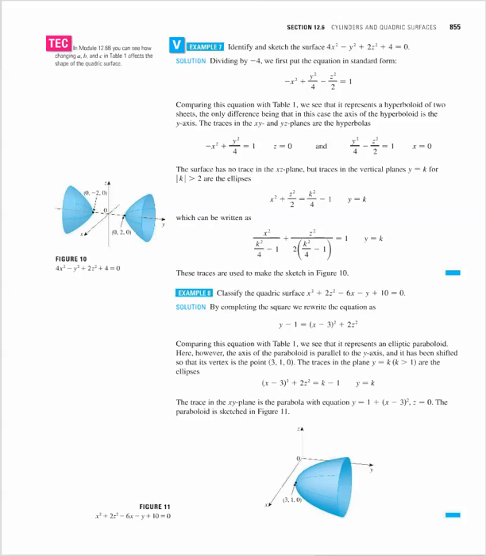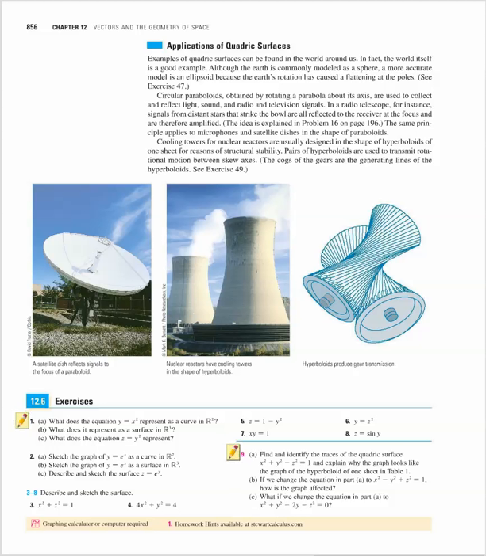So when you're looking at the later examples in the section, don't worry about identifying. Worry more about getting a basic sketch of the surface. So you can see a few more examples here in example 7 and 8. And you don't have to worry too much about applications for our purposes. So that covers 12.6 as well.